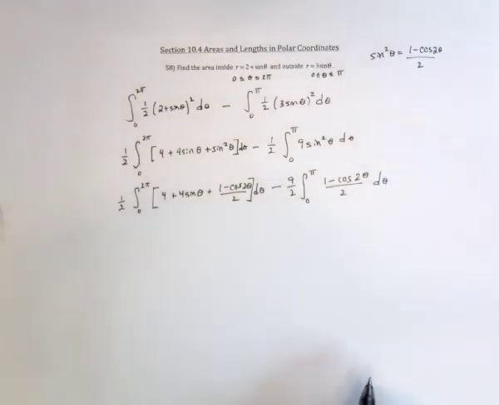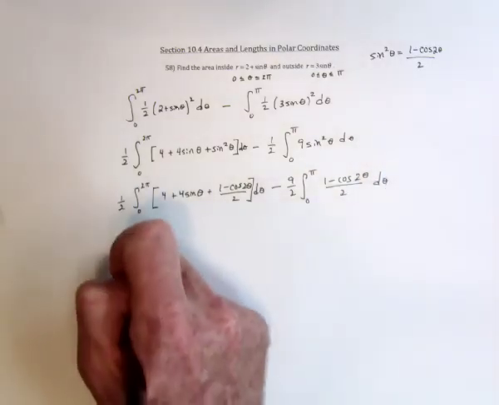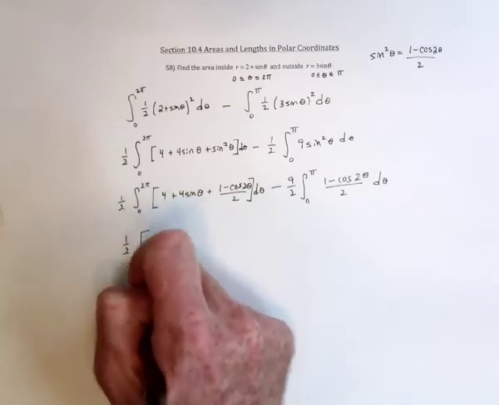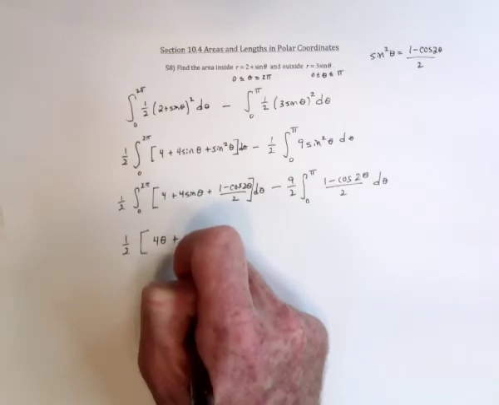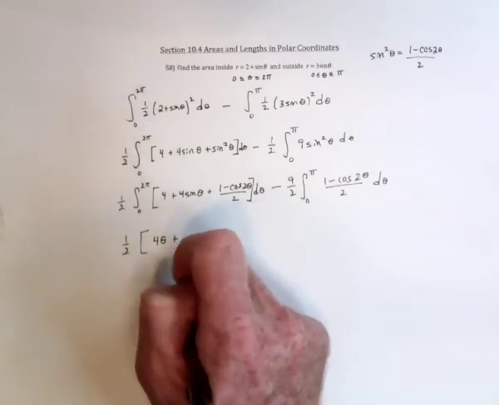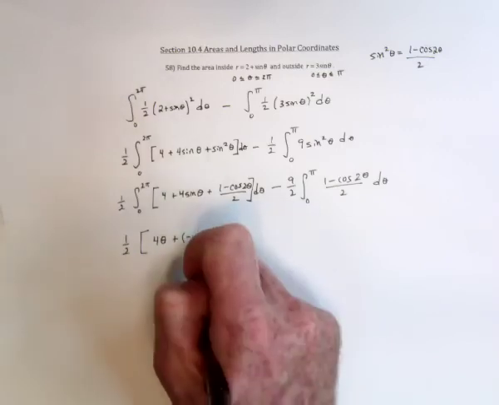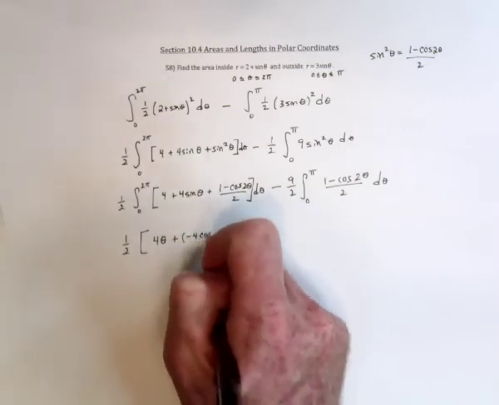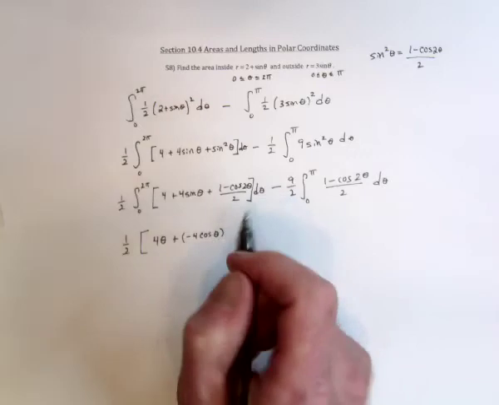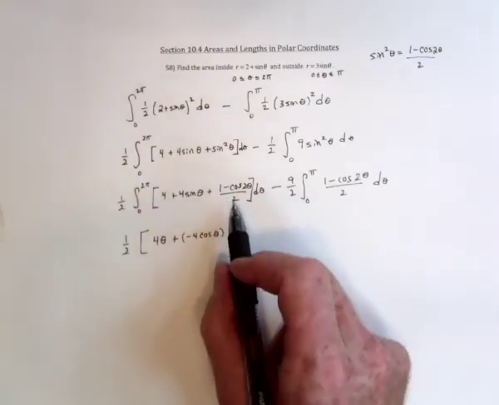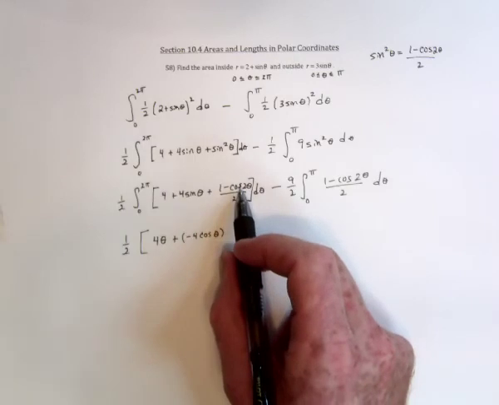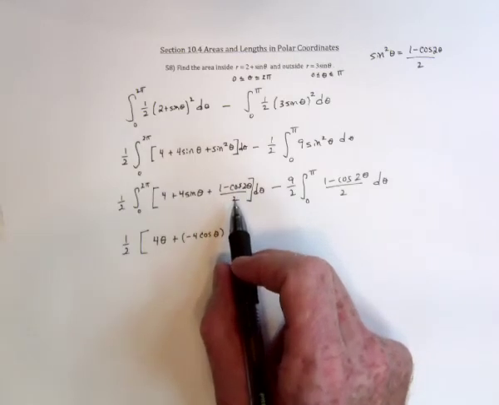Now integrate. So 1/2, this is going to be 4 theta, minus negative 4 cosine of theta. Then I'm going to break this into two fractions: there's the 1/2 and the negative cosine over 2.